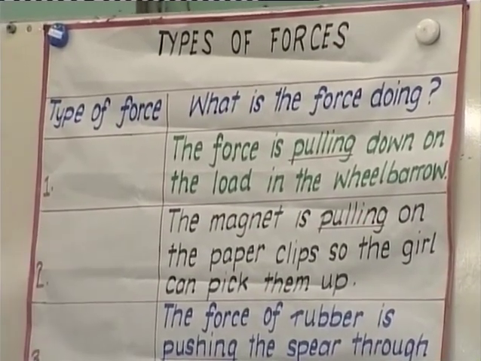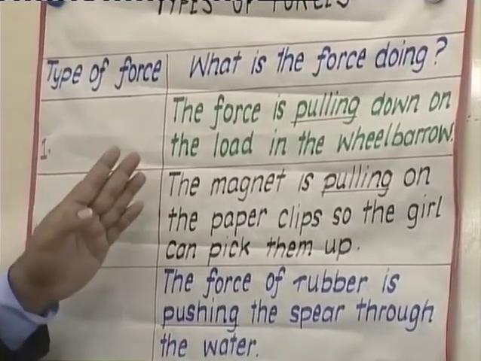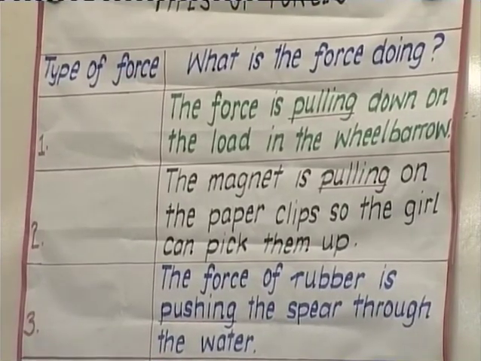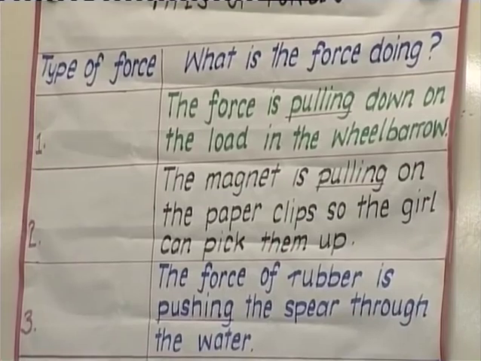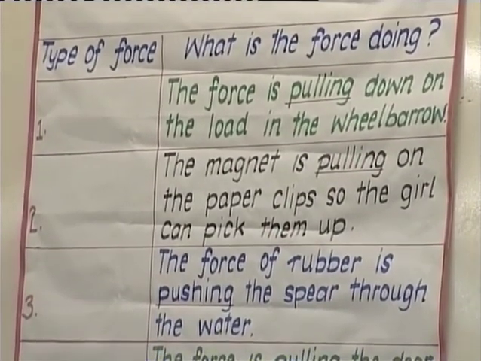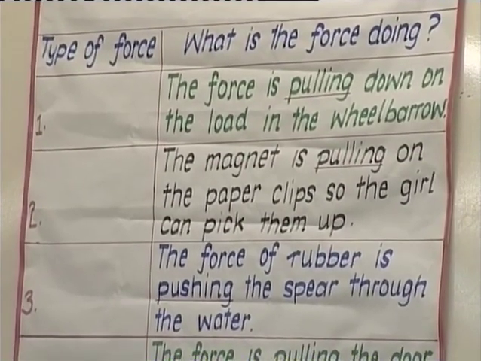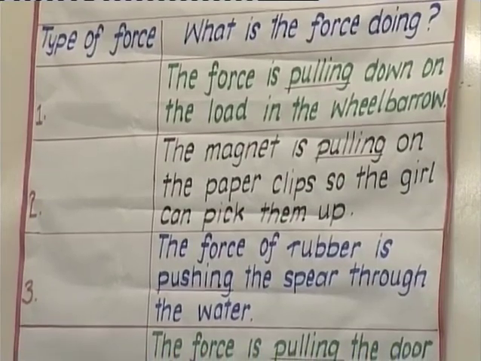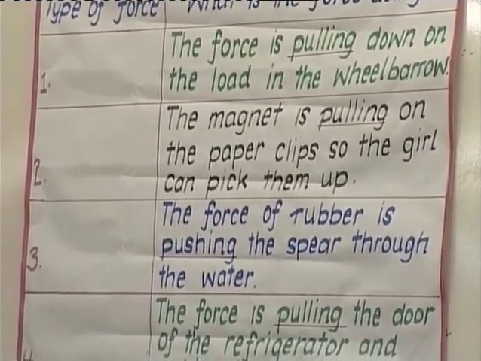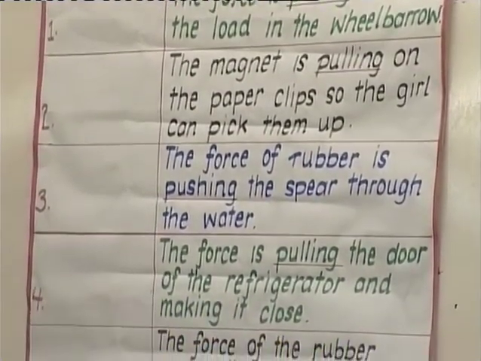Number one, we have a blank space here. What is the force doing? The force is pulling down on the load in the wheelbarrow. Number two, the magnet is pulling on the paper clips so the girl can pick them up. Number three, the force of rubber is pushing the spear through the water.